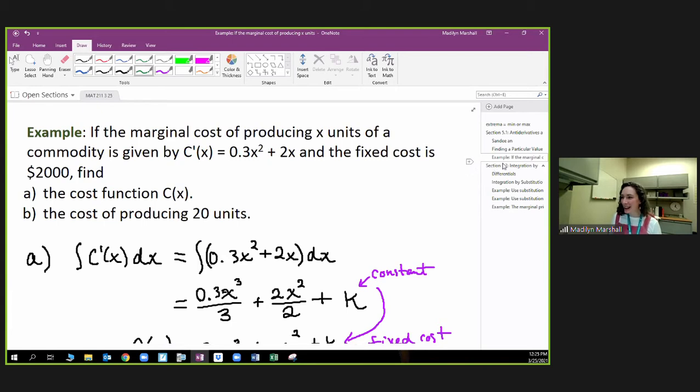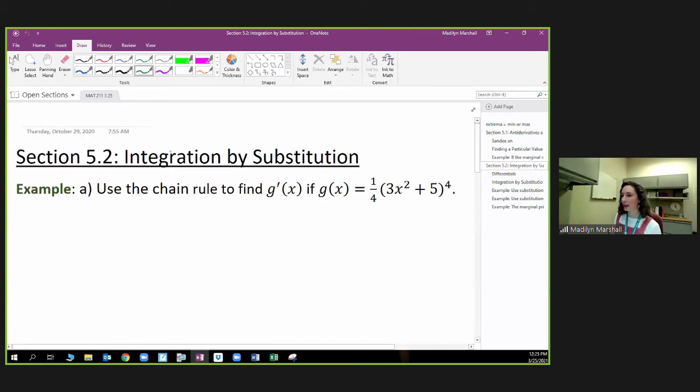But there is one kind of integration that is important, and it's the rule that's analogous to the chain rule for derivatives. So if we can use a chain rule to find a derivative, we can undo that with integration by substitution. So this is section 5.2.